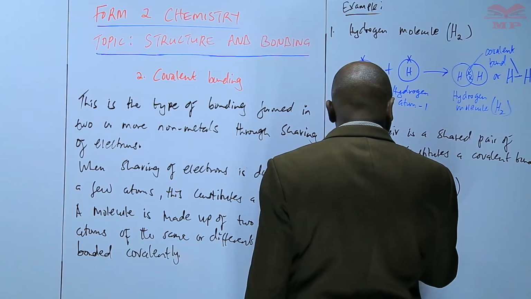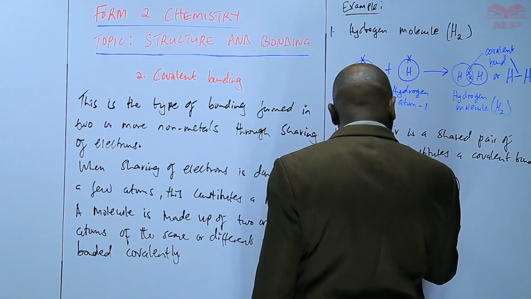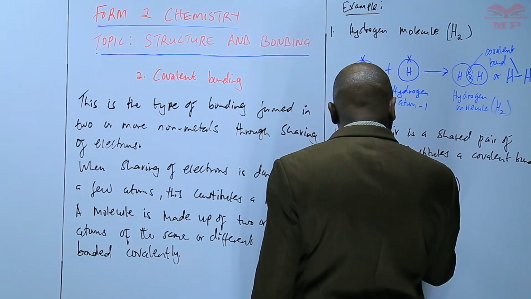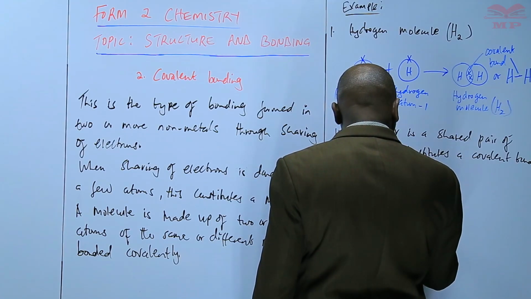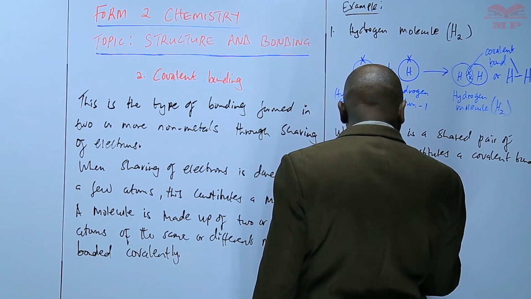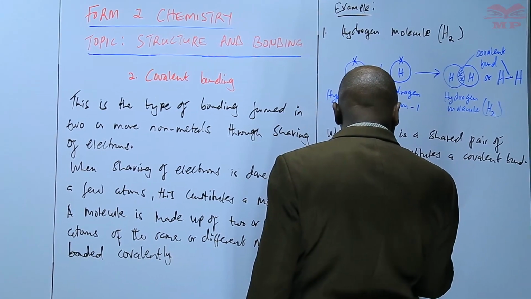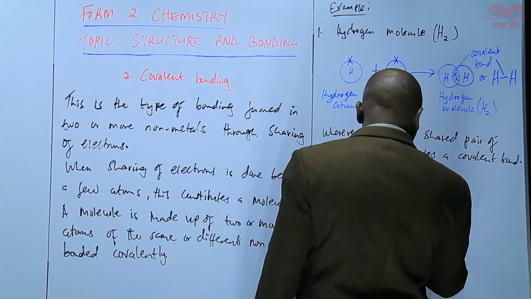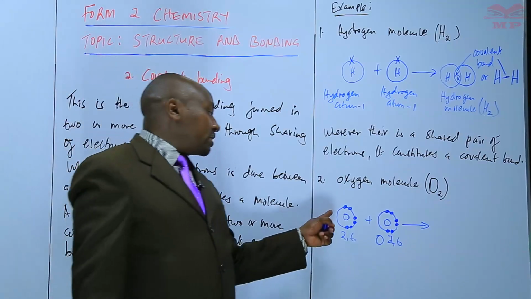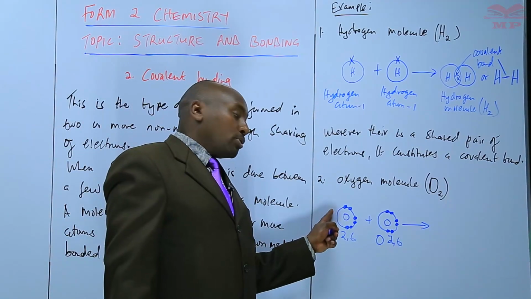So we have plus another oxygen O. 1, 2, 3, 4, 5, 6. So this is also O, 2, 6. So we are saying that this oxygen atom needs 2 electrons to be stable.